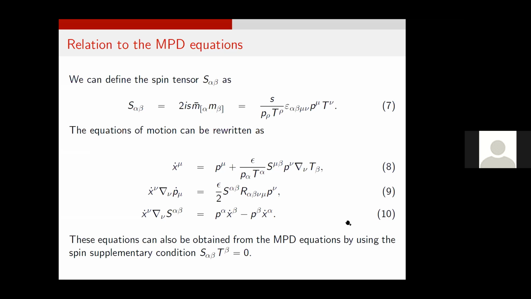Is this form of the spin tensor the most generic form of the spin tensor that you could write down from the Papapetrou equations, or is this a specific kind of spin tensor that is coming from your analysis? No, this is coming from our analysis. And then we just observe that equations 8, 9, 10, which are our equations, are equivalent to the MPD equations with this supplementary condition as contracted with t equals 0.